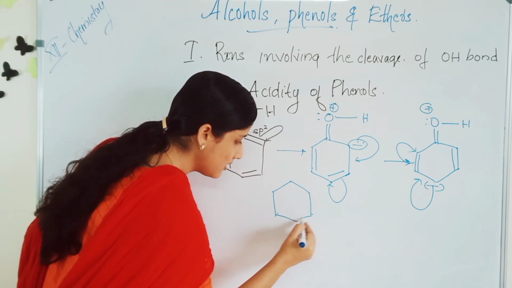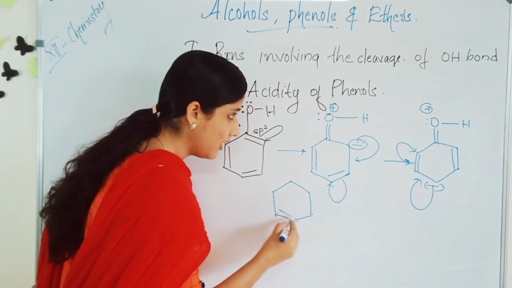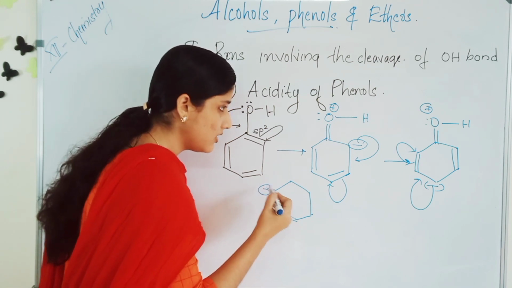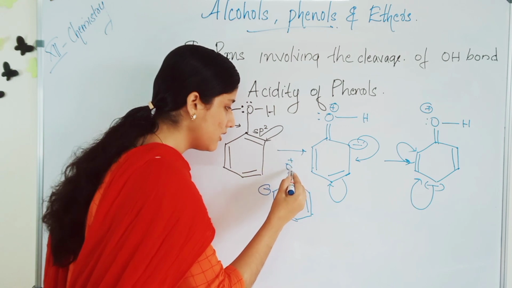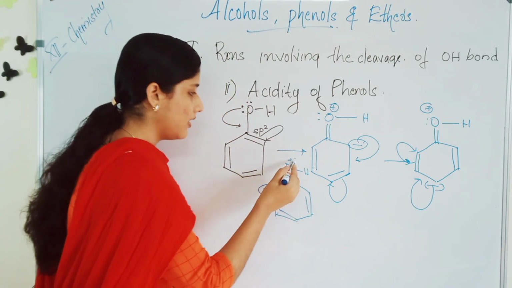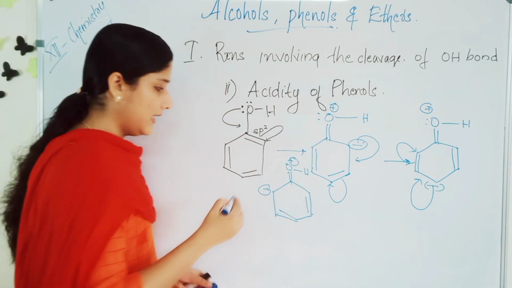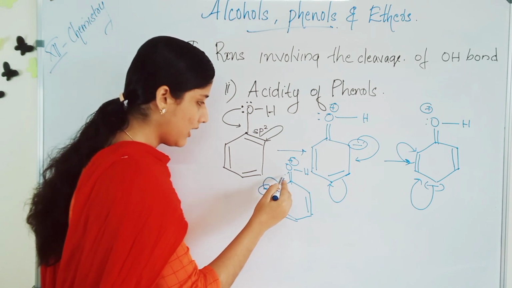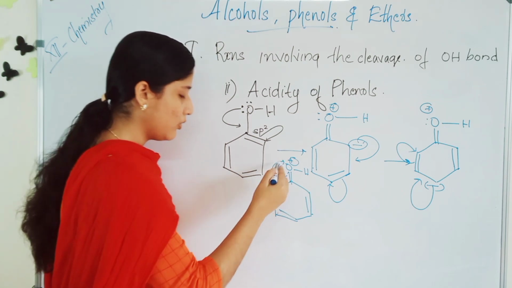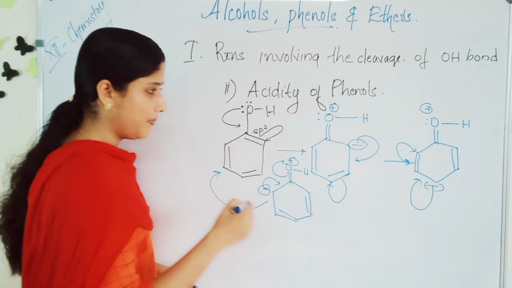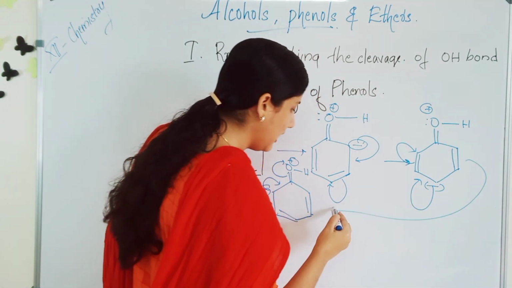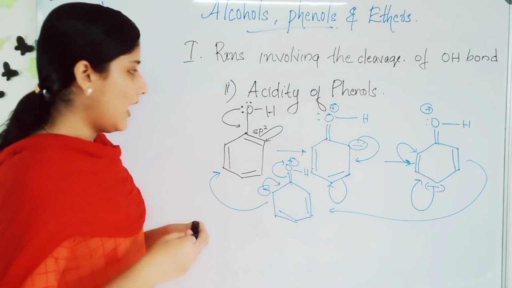So, the next delocalized structure will be here double bond, here negative charge, here also a double bond O positive hydrogen. Okay, these negative charge will go here and double bond will go to the oxygen itself and you will get this structure. So this is the delocalization of phenol.